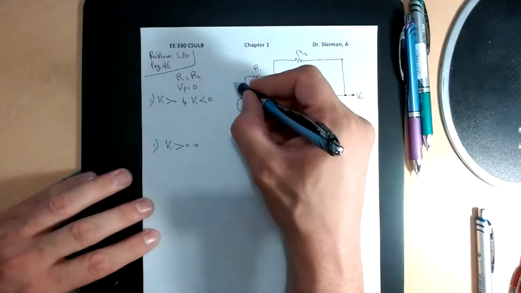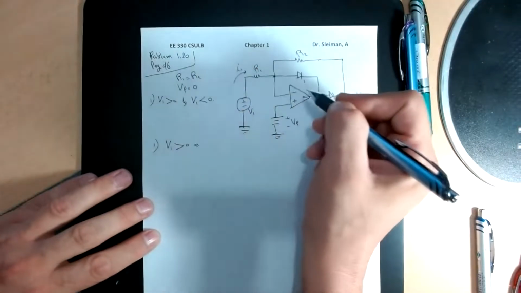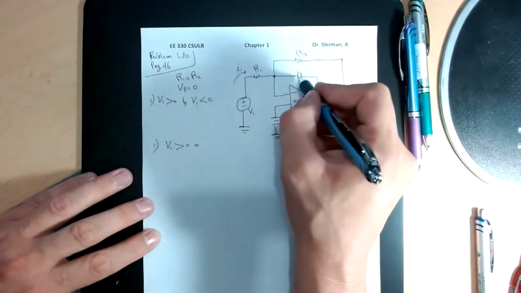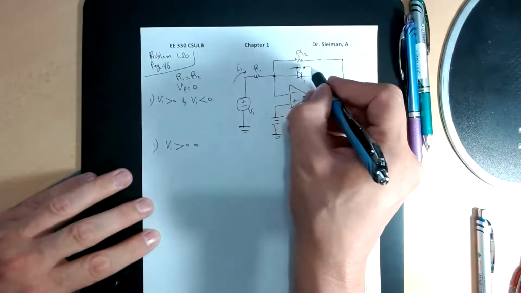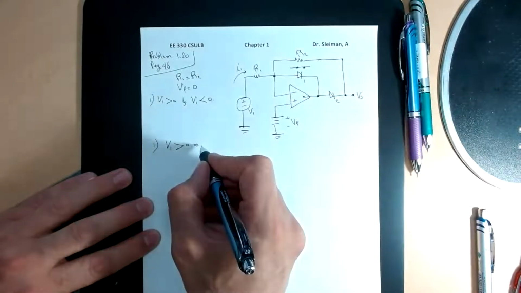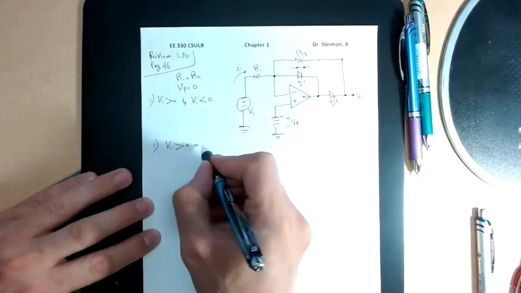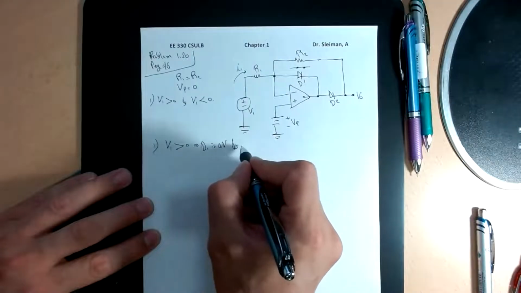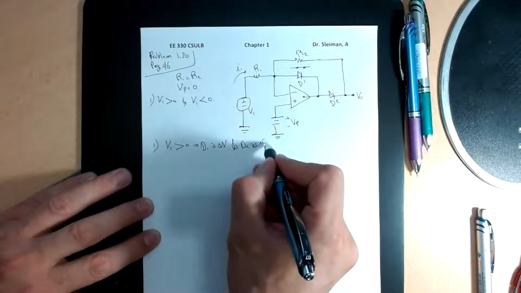That means the current is flowing here. That's the current I1 flowing in this direction. This diode will be short-circuited. Let's call this D1, D2. So D1 is on and D2 is off.